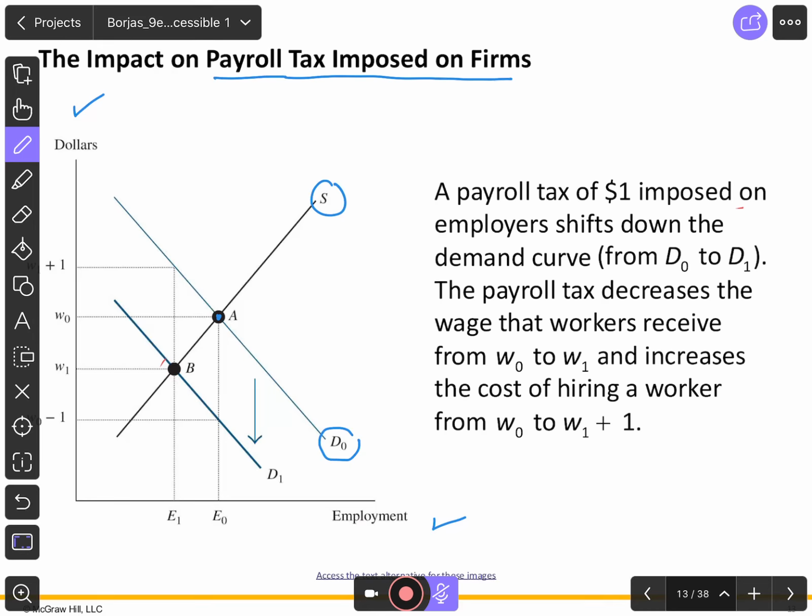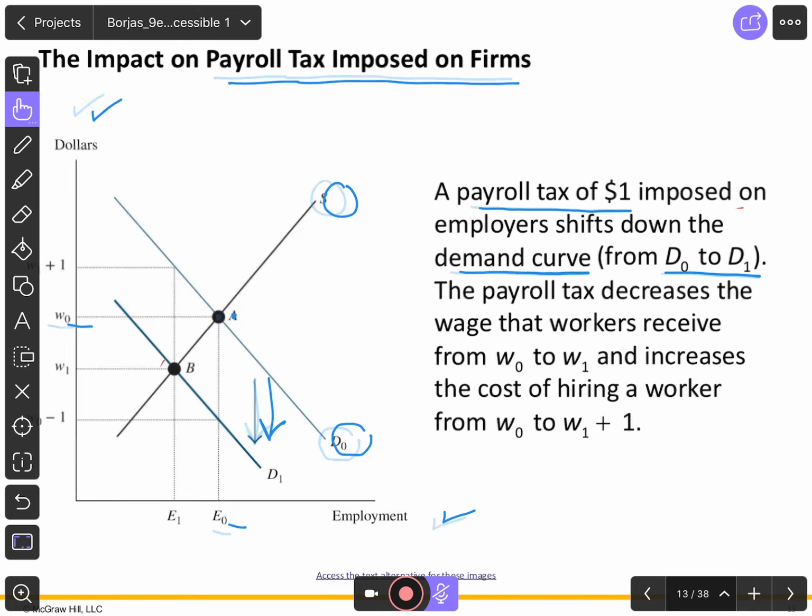We had an initial equilibrium wage at W0 and initial employment at E0. Now suppose that the government imposes a payroll tax of $1. That means the cost of production is going to increase. Their demand for workers is going to decrease, leading to a shift in the demand curve from D0 to D1. So we have this drop in the demand, from D0 to D1.